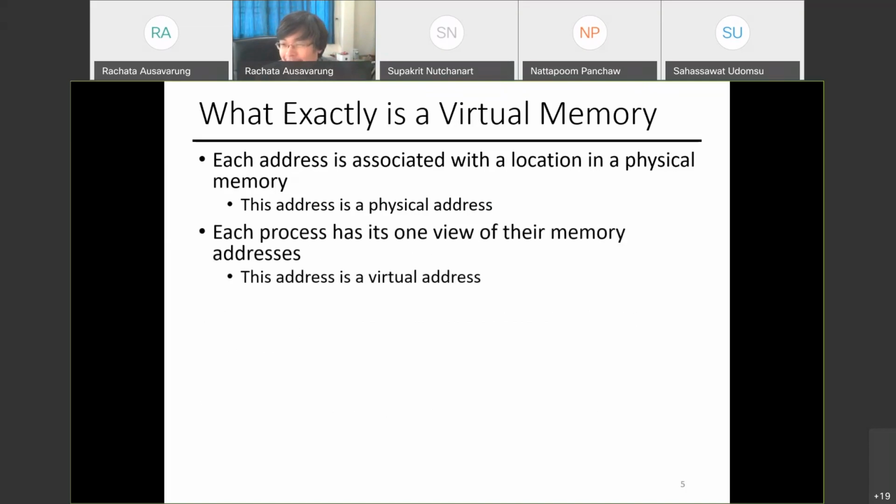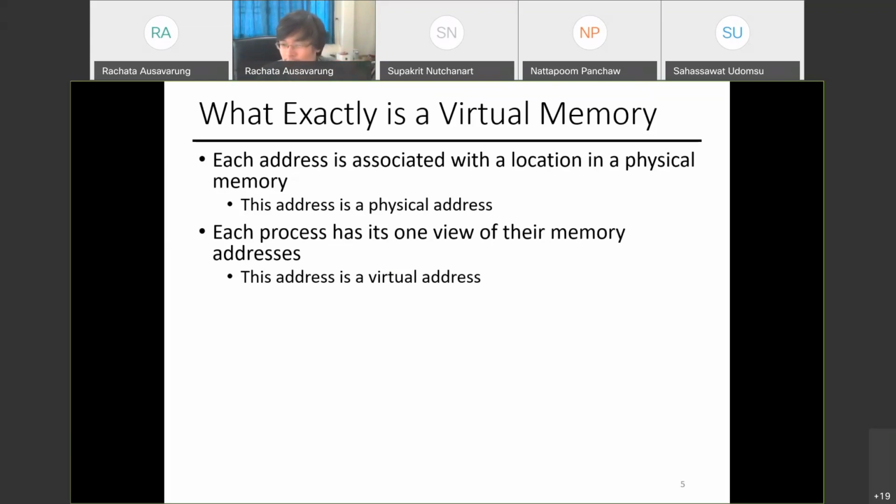And each process, each program, things like Google Chrome, Acrobat, Microsoft Word, Steam, Discord, all these different processes has its own view of the virtual memory. These addresses are called virtual addresses. They have their own address.